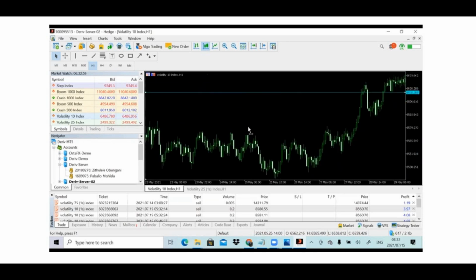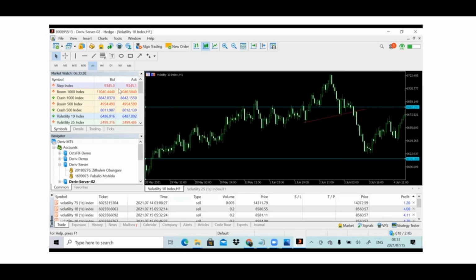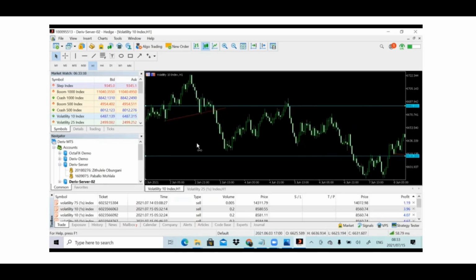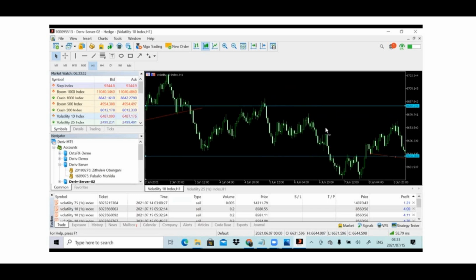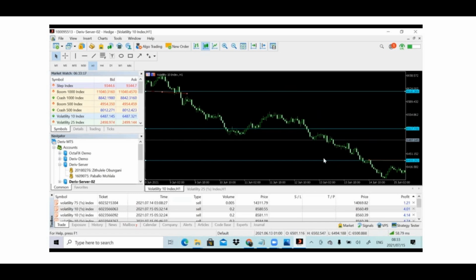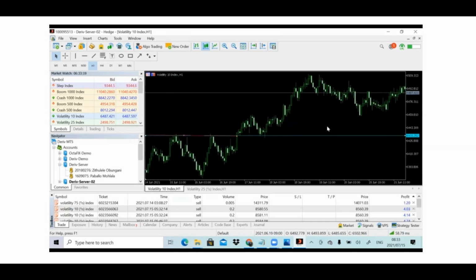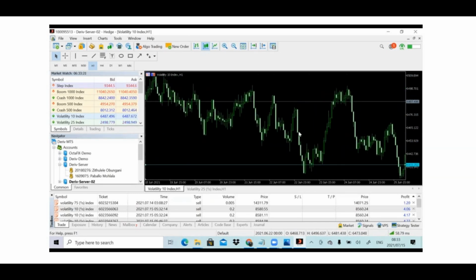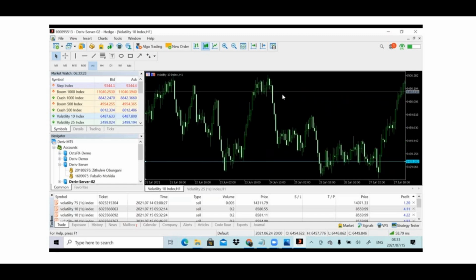And as time goes on, there will be no need to even draw them like this. They'll just be horizontal lines, neckline. They speak more or less the same language. Same story here.